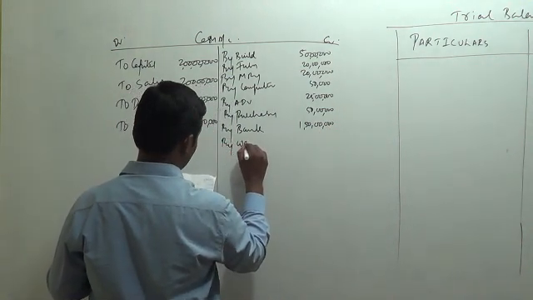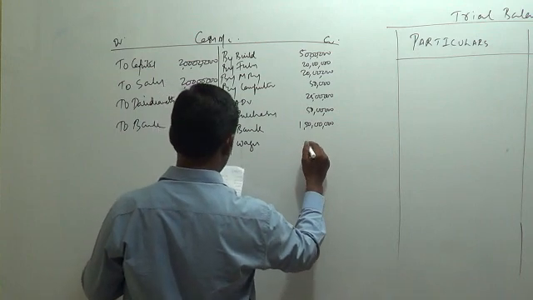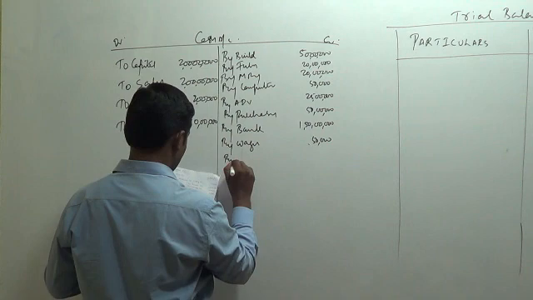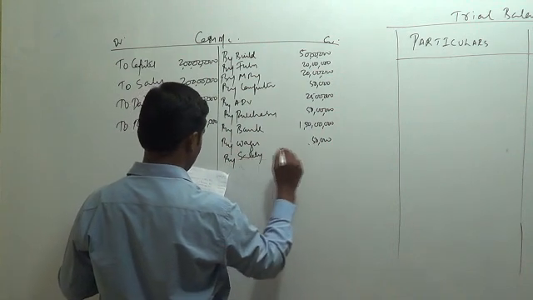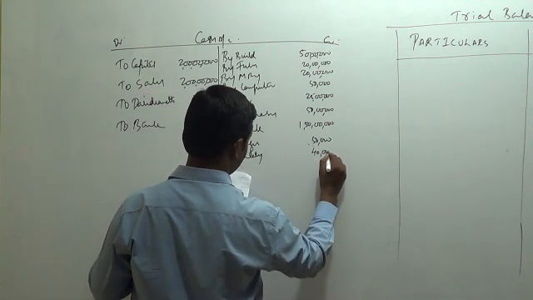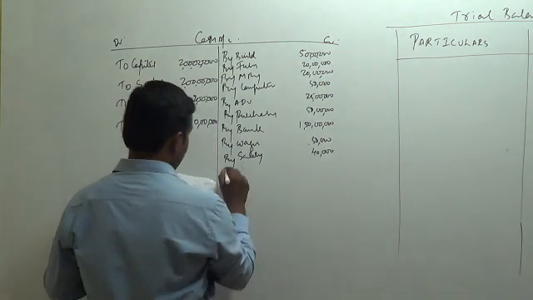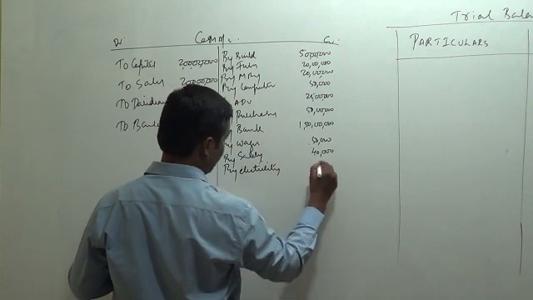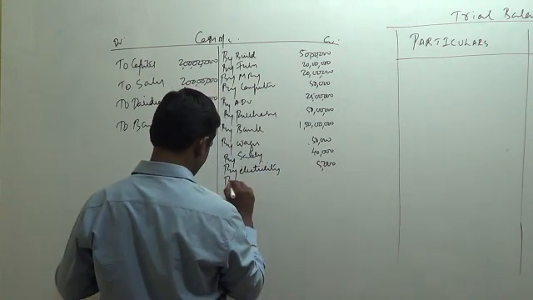By wages, 50,000. By salaries, 40,000. By electricity, 5,000.